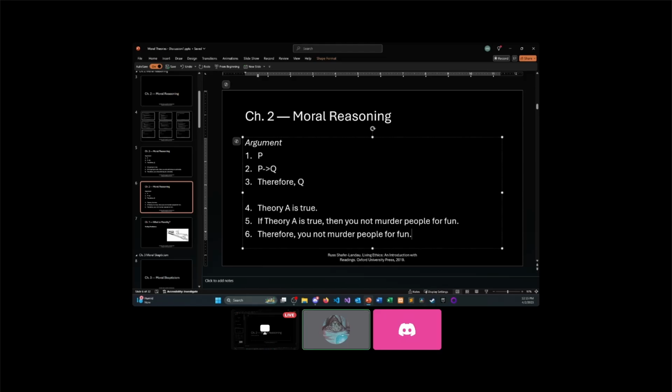And so this applies to any theory that we're talking about. Does that kind of make sense? Do you have any questions about that structurally? It's just like the umbrella case with the rain and the umbrella, but instead we're talking about moral theories. What do you think?